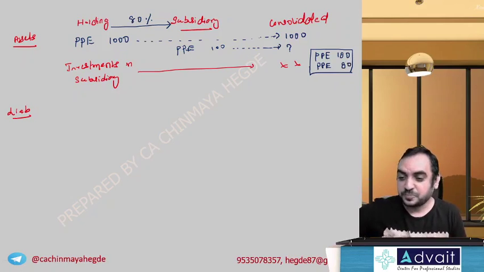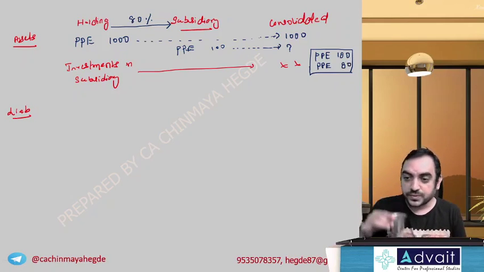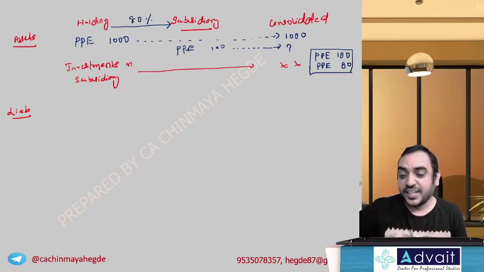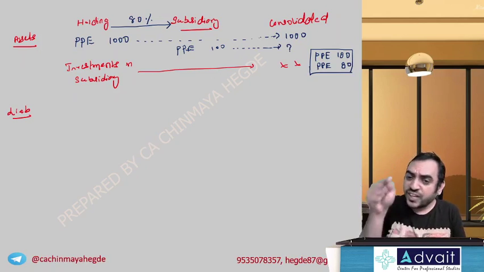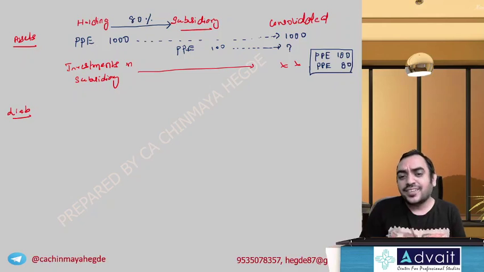What do you think? 100. Okay, but why do you think 100? You don't own 100% of subsidiary, you own only 80%. The group has got 80% shares in the subsidiary company, so you should reflect only 80, isn't it? How can you show entire 100%?